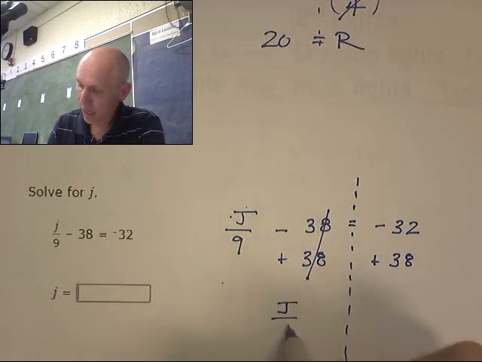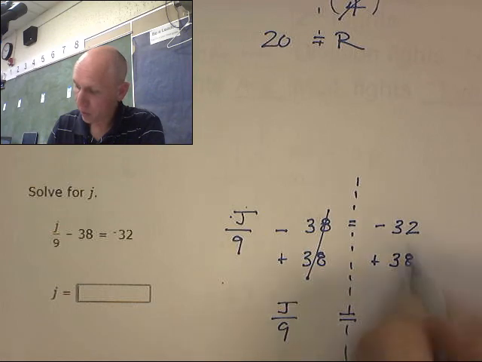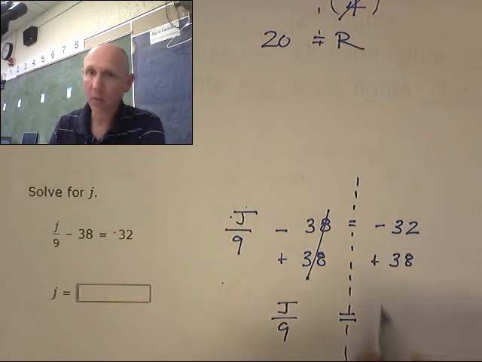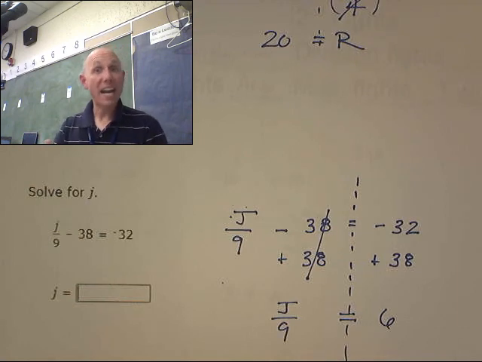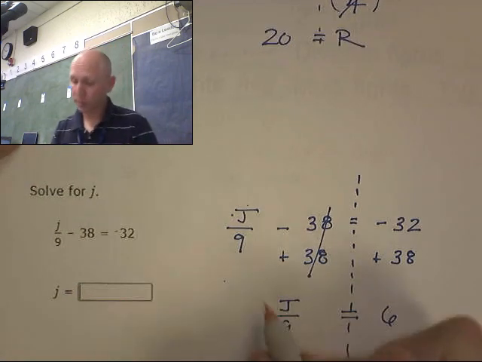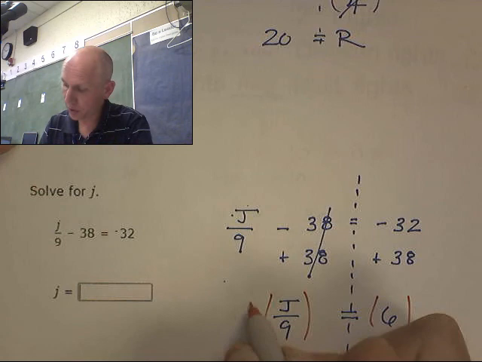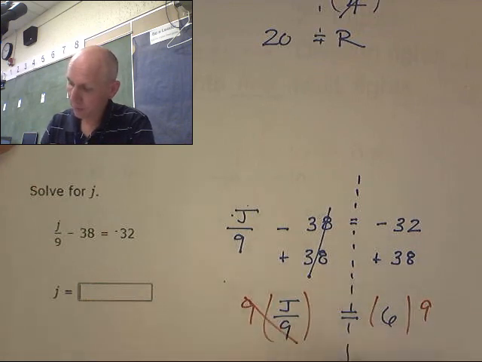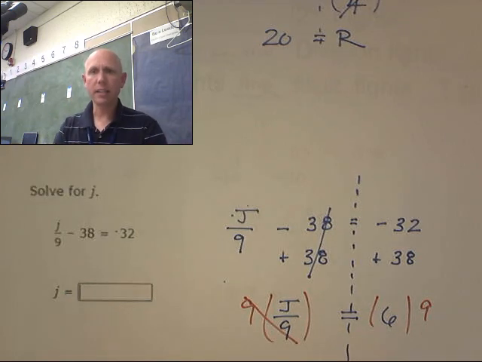That brings me to J over 9 equals 38 minus 32 is 6. How do I fight that dividing 9? I fight the dividing 9 with a multiplying 9, so here's my multiplication. Cancel. J equals 54. And that is it!